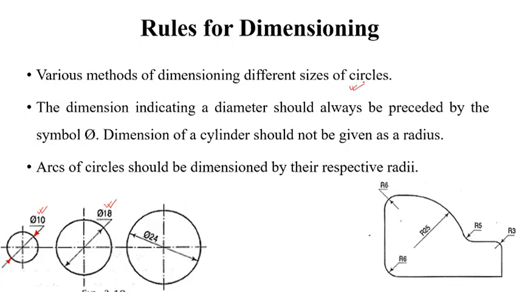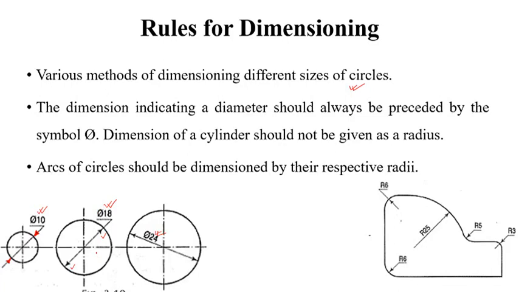For circles, depending on the size of the circle you have to place the dimension. If the circle is big, then we can easily place the dimension figure inside the circle. If it is small, then we can only provide the two arrowheads on both sides and then place the dimension outside.